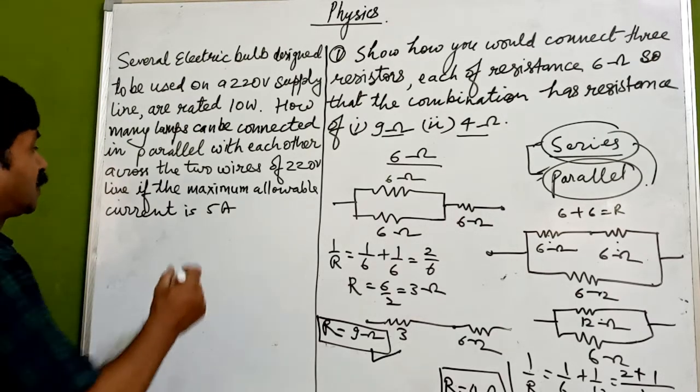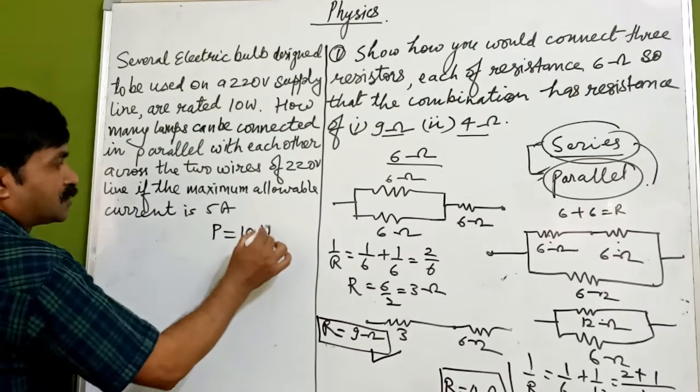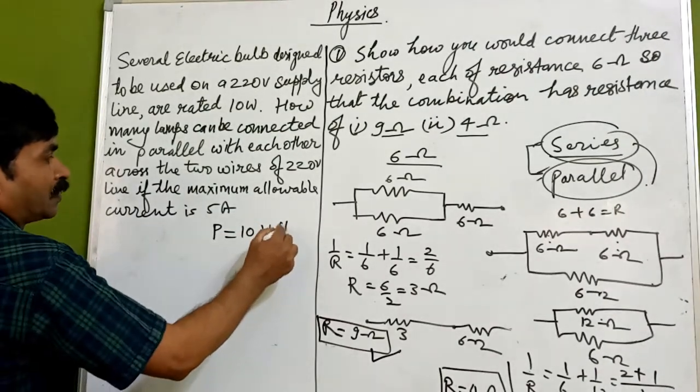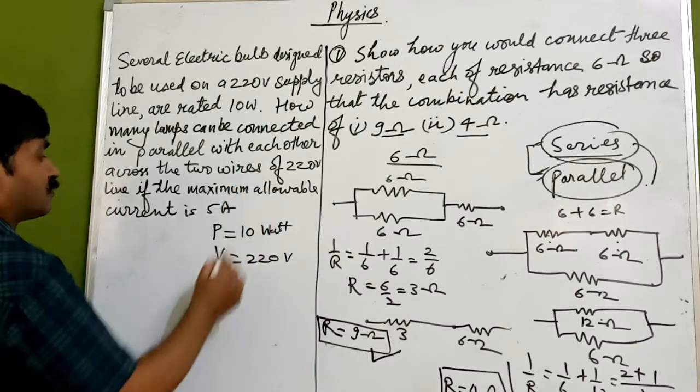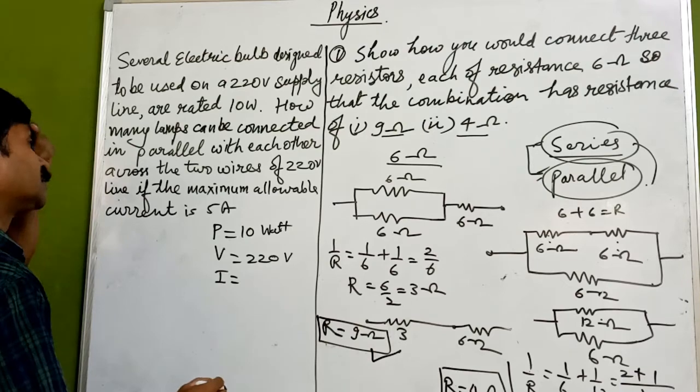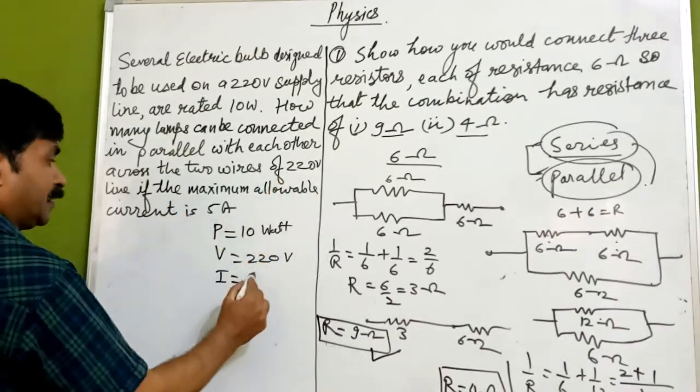तो यहाँ पे हमको 10 watt, first what we have to do, we must write down: power is given to us 10 watt, electric supply is given to us 220 volt, and maximum allowable current is given to us, that is 5 ampere.